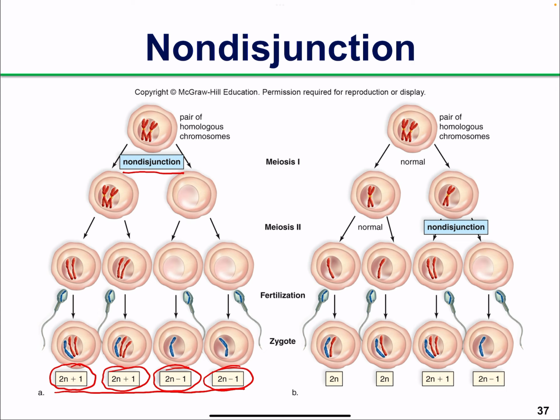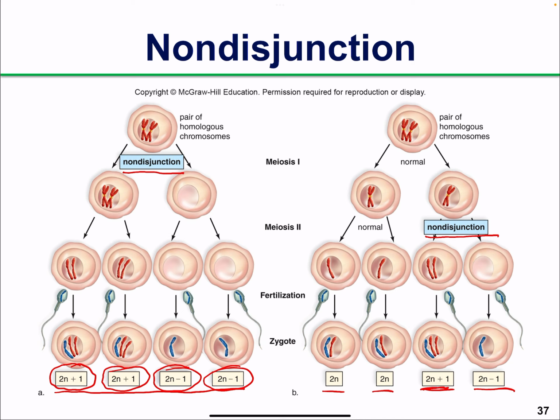Now, non-disjunction can happen during meiosis 2, as you see here. When that happens in meiosis 2, what we do see is that 2 cells are normal while 2 cells are abnormal, okay? This cell contains 2n plus 1, while this one contains 2n minus 1.